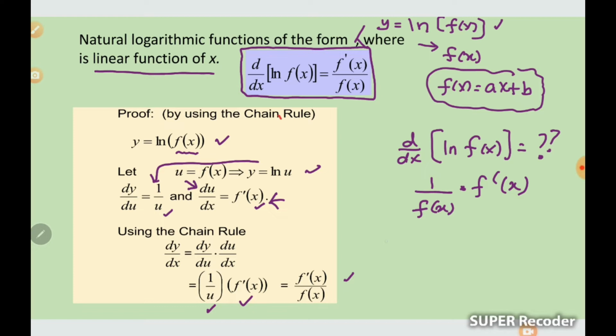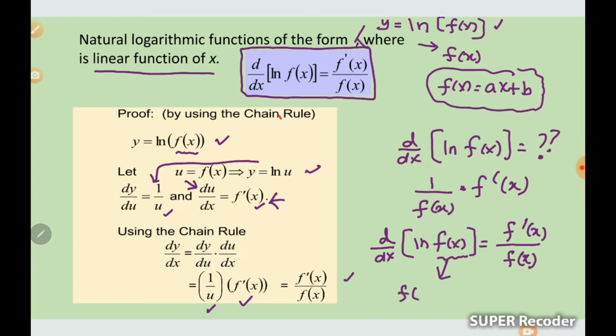I write one more time: d/dx ln f(x) is equal to 1 over f(x), and don't forget to differentiate f(x). Differentiating f(x), the answer is f prime x. What is f(x)? It is a linear function, that is ax plus b. I hope you memorize this formula because we will use it after this.